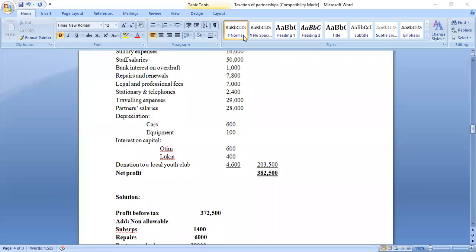Now, interest on drawings and drawings. For starters, drawings are not allowed under an income statement. From your accounting 1 or accounting 3, drawings is not an income statement item.